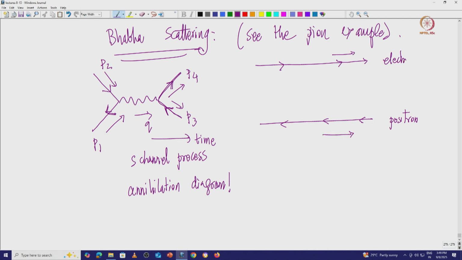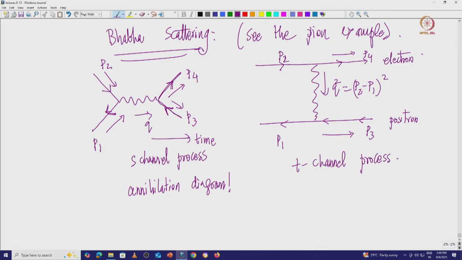Electron, they exchange momentum Q. So with P1, P2, P3, P4, Q square is equal to P2 minus P1 square essentially. So this is the T channel process. This is called the scattering part.